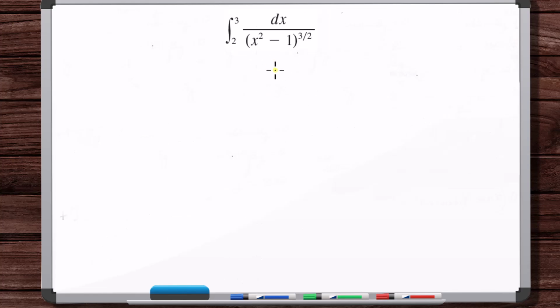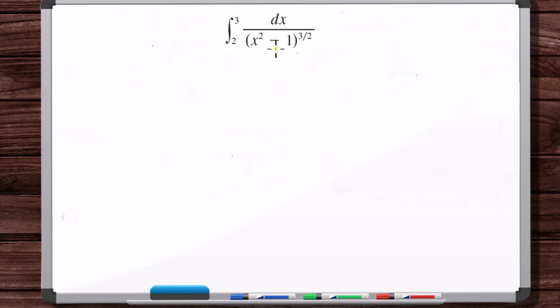Okay, so we see an integral, and we look to see maybe can we do a u substitution. If we said u is equal to x squared minus 1, we'd have du is equal to 2x dx, but there's no other x term outside of this. But we see we've got this x squared minus a squared here.